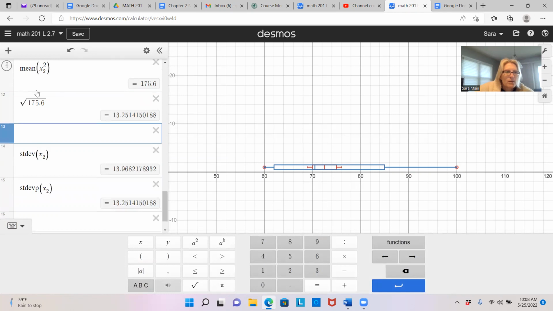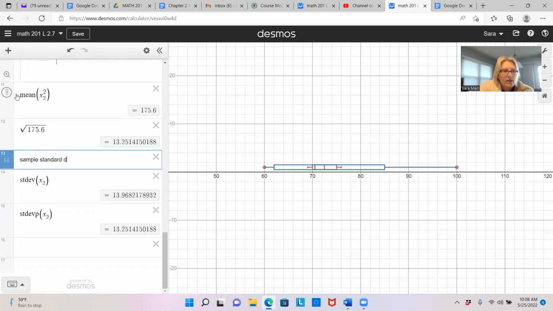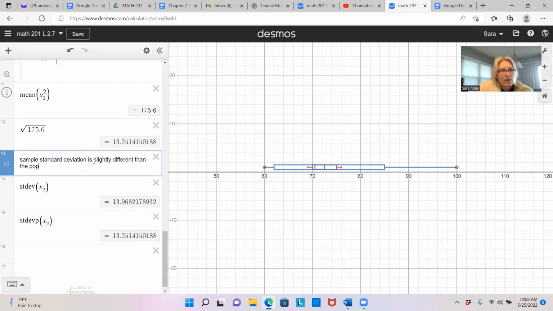So I'm just going to make a note in here for you all that this is the sample standard deviation. And the sample standard deviation is taking into account that we are approximating, because it is different than the population, because we have a sample.